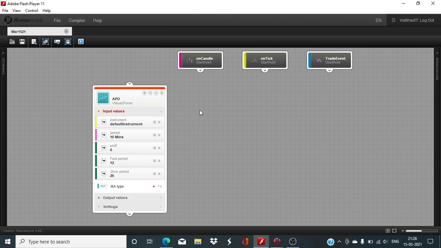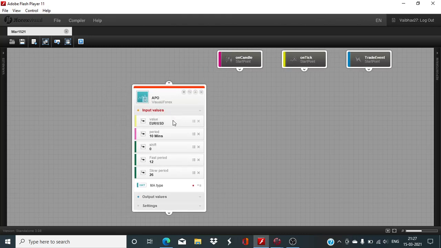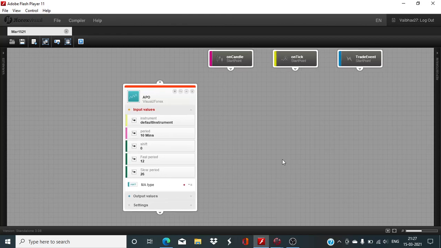In today's session we will be looking at its functional aspect, and we will try to see how we can design the logically sound algorithm using this indicator. We will have to take the instrument of our choice and then define these parameters depending on which we will get the output value.